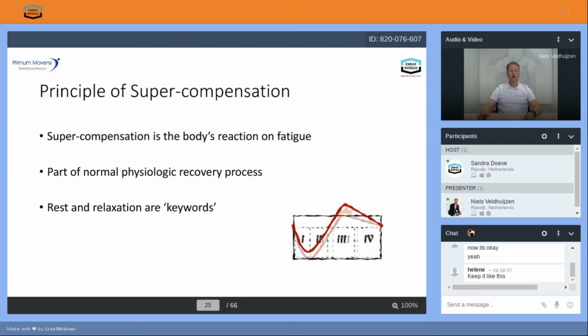If you do not pay attention to that, you will overtrain your patient. On the other hand, if you give too much rest and relaxation, your training program will not be effective at all because the principle of supercompensation is not reached.